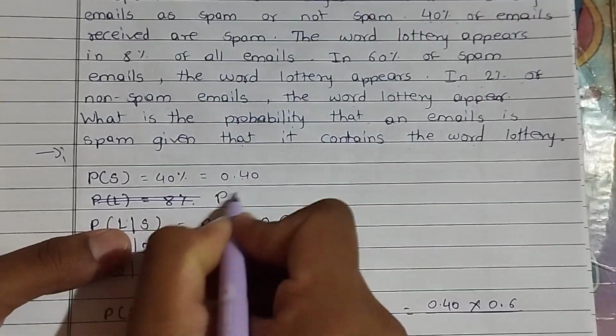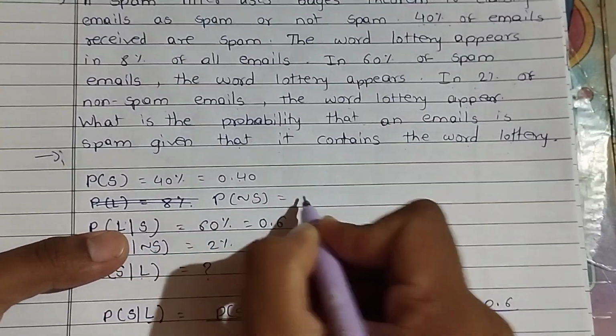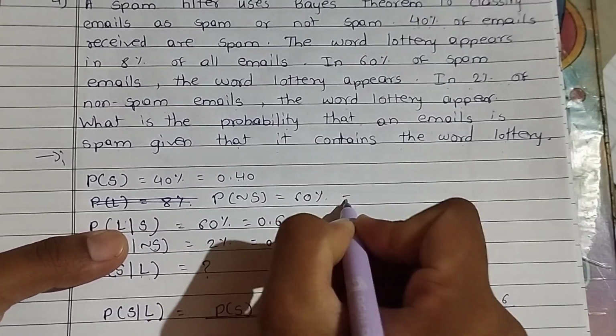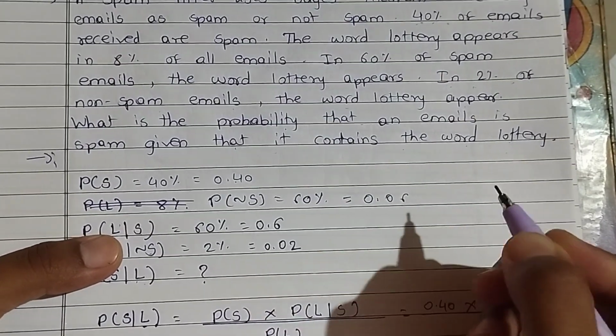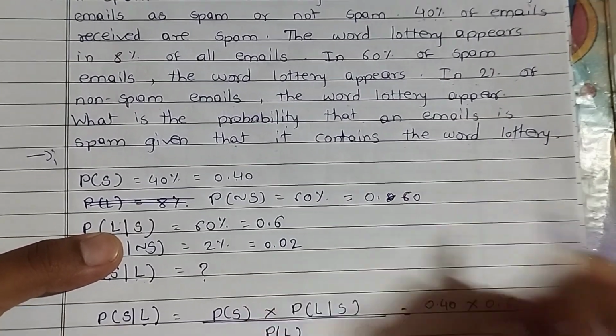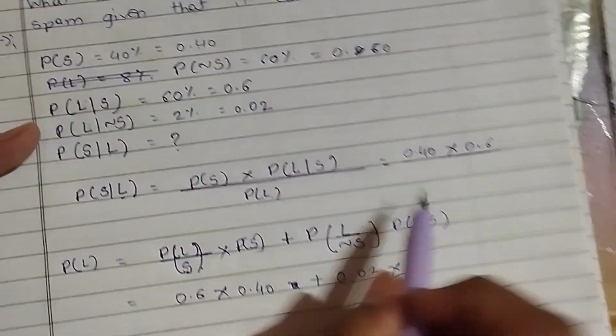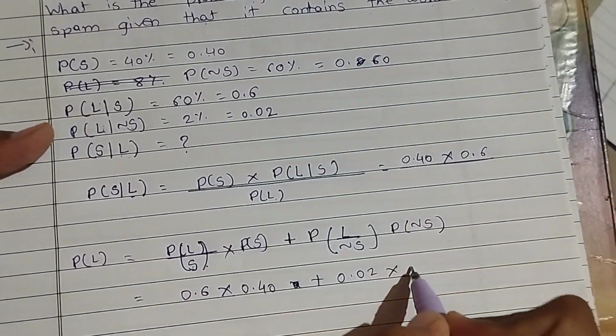So the probability of negation of S is 60%, which is 0.60.